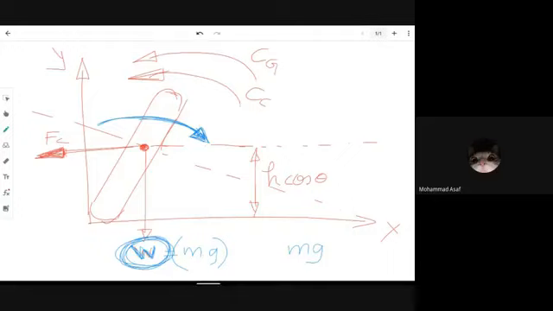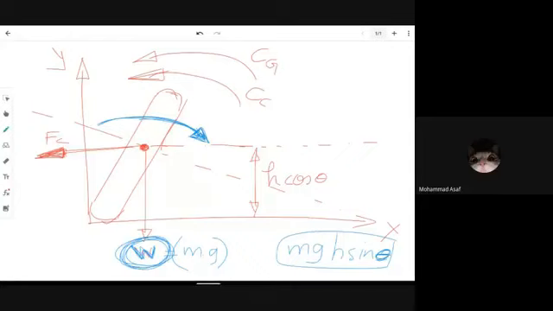Now, if Fc multiplied by h cos theta is giving you a couple which is acting in the anti-clockwise direction, definitely mg multiplied by h sin theta. So h sin theta should be the component which is resolved in the exact perpendicular direction to h cos theta. This should give you a couple which is acting in the clockwise direction, right or not?